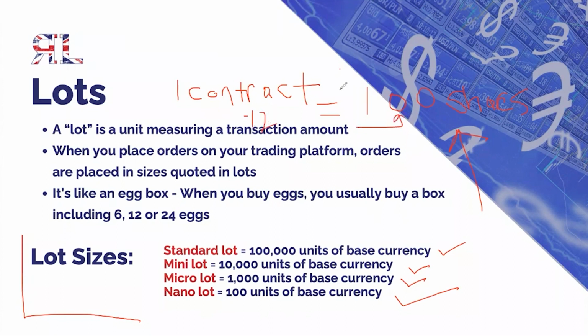I have to have a minimum of one contract, which is 100 shares. In Forex, you can control part lots. So you don't have to have a whole lot. You can have 0.1 of a lot, you can have 0.2 of a lot, all the way up to 0.9 of a lot. So you can literally tweak your lot sizes in order to mitigate your risk, so you don't have as much capital exposed in the market at one time.